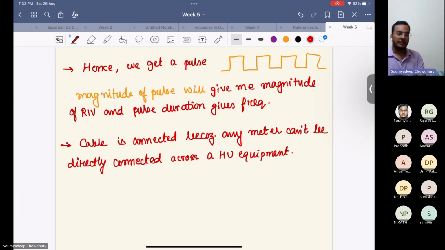Because due to reflections, there will be magnification or intensification of the voltage and current waves, and that will cause damage of the HV equipment as well as the meter also.